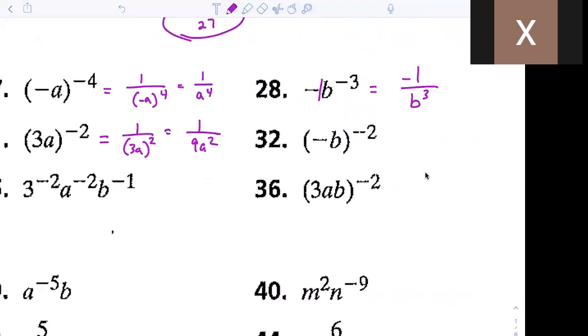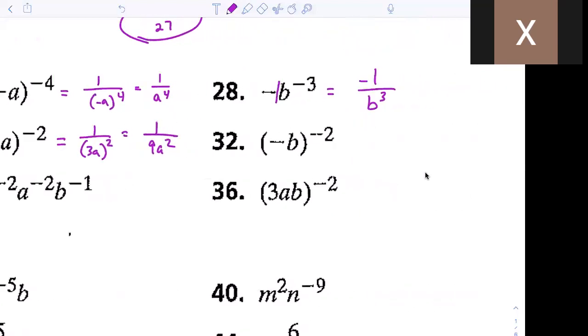All right, let's do one more. Max, this is a good one to end on. Number 32, Max. It's negative. Stop interrupting him. I said 1 over negative b. I am so proud of myself. Thank you, Max.